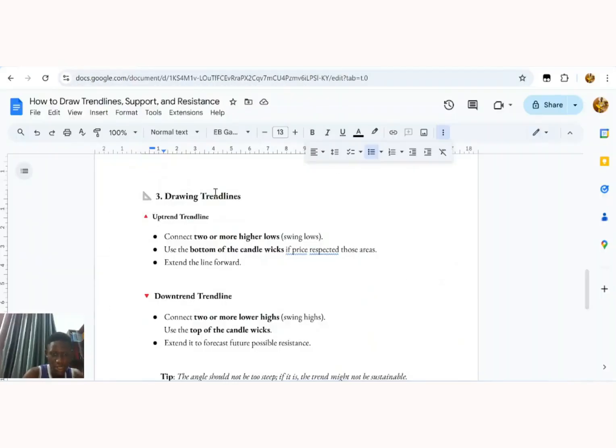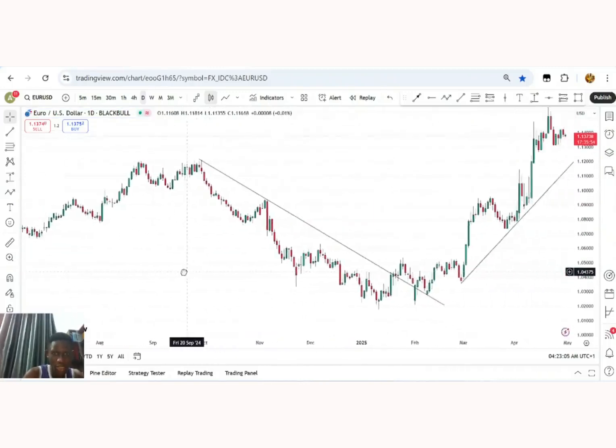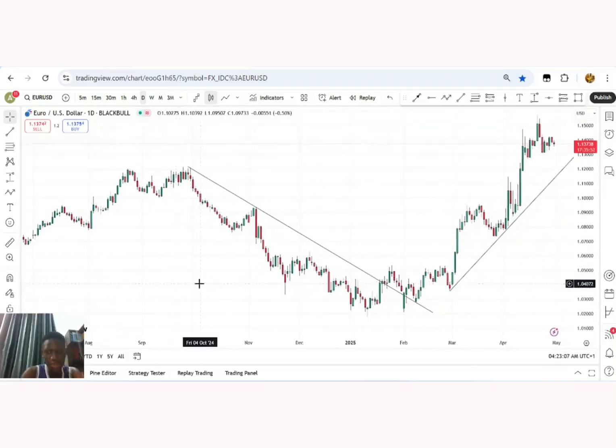Use the bottom of the candle wicks. If you connect like this, this is the wicks. So now you can anticipate a good breakout from this zone. You connect from the candle wicks, not the body, because the truth is that the wick is also an indication of price reaction.